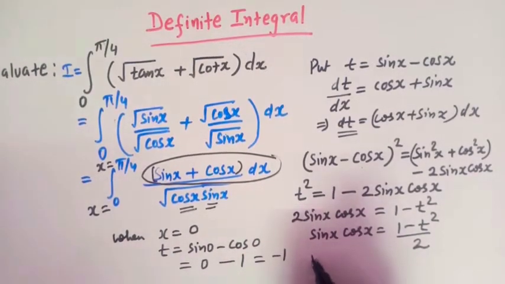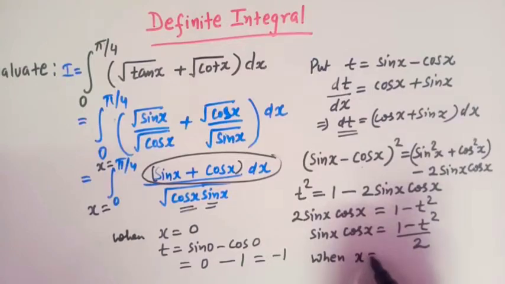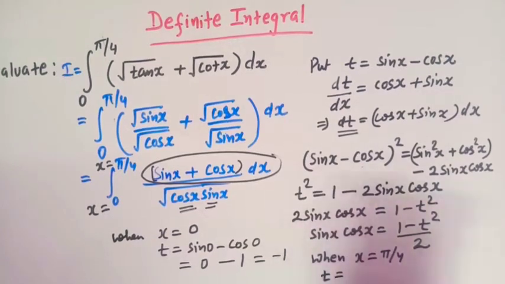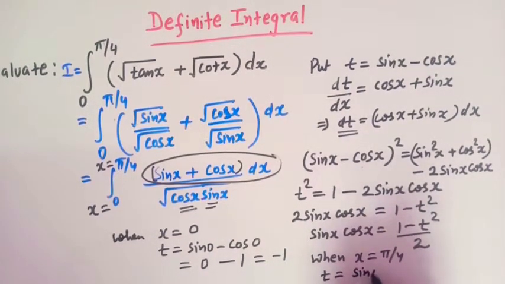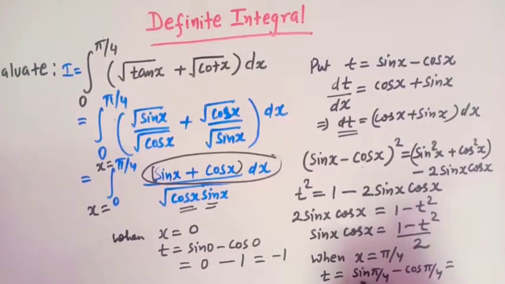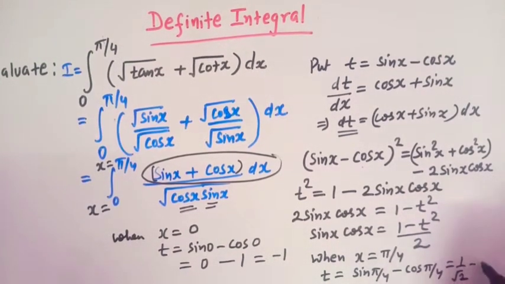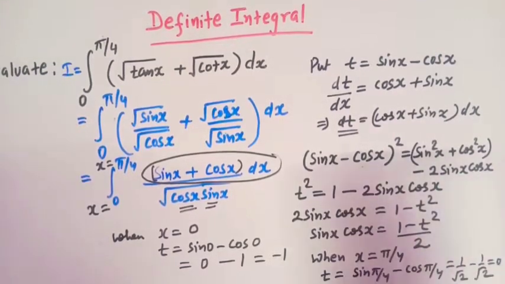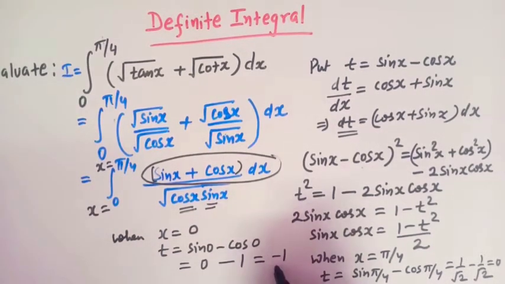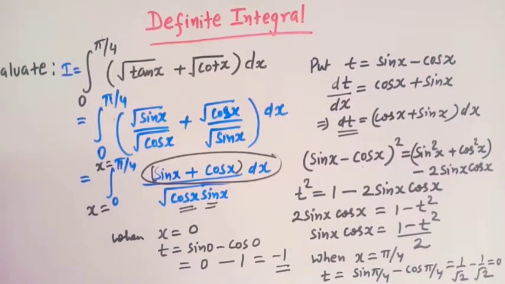Similarly, when x is equal to pi by 4, the value of t is sin pi by 4 minus cos pi by 4. Sin pi by 4 is 1 over square root of 2, and cos pi by 4 is 1 over square root of 2, so this is equal to 0. So when x goes from 0 to pi by 4, t goes from -1 to 0.